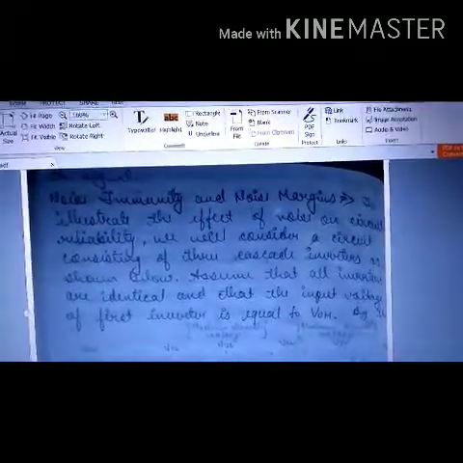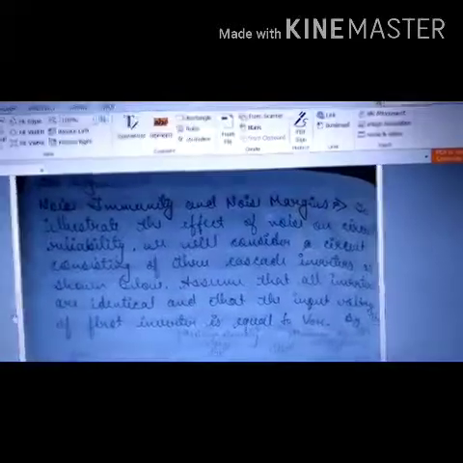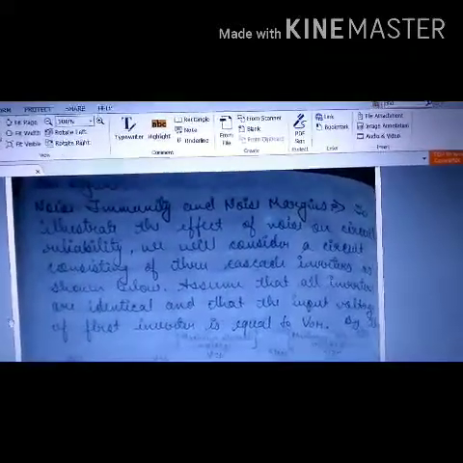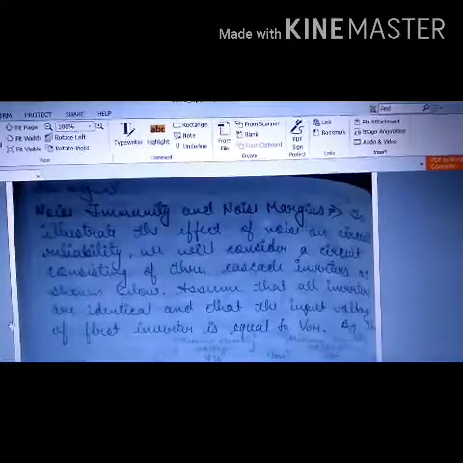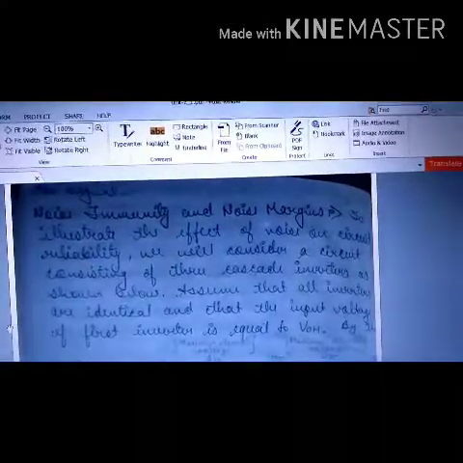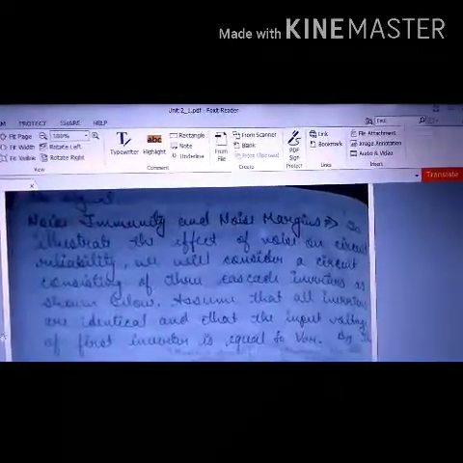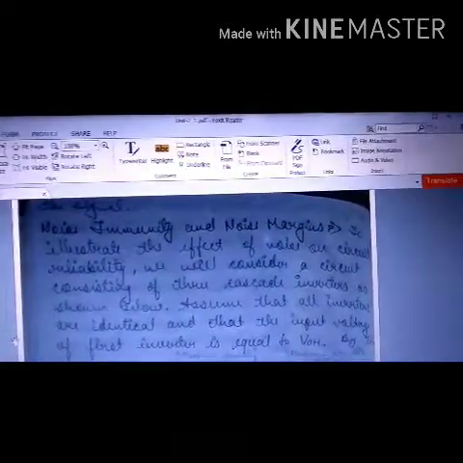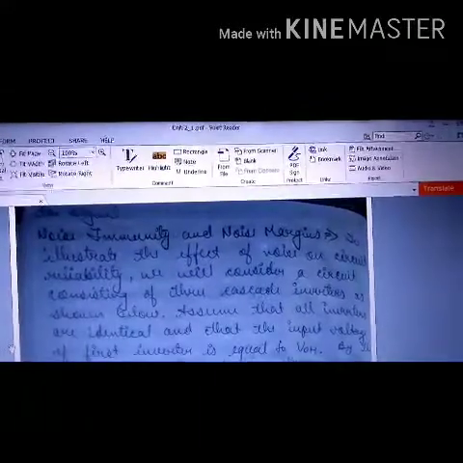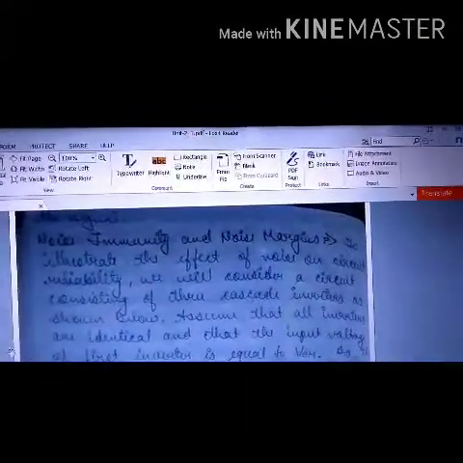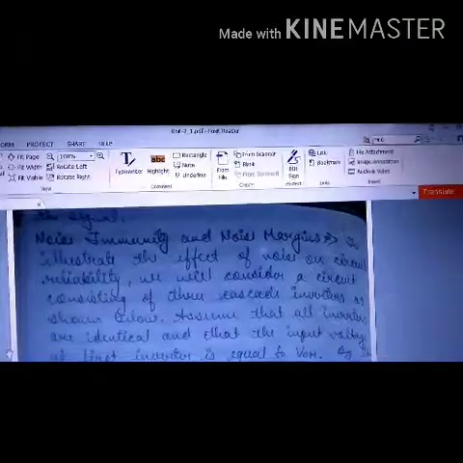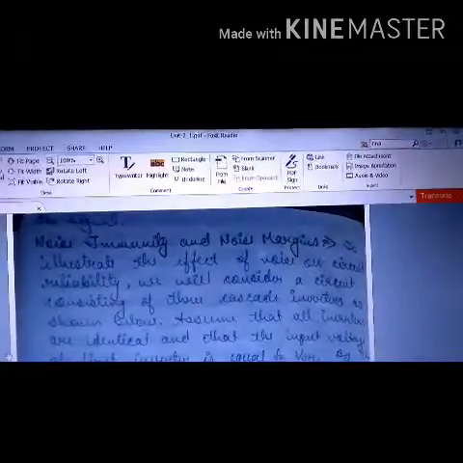In the previous lecture, we discussed some of the very important voltages that are a part of the VTC, that is, the voltage transfer characteristic of an inverter. The important voltages that we observed were VOH, VIH, VIL, and VOL.